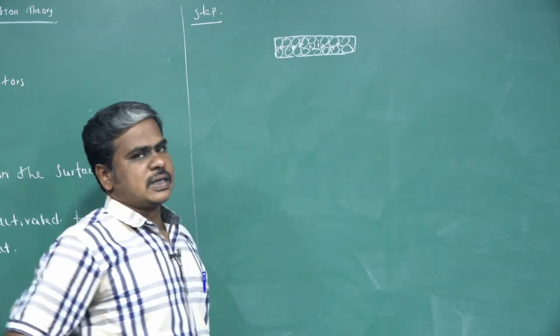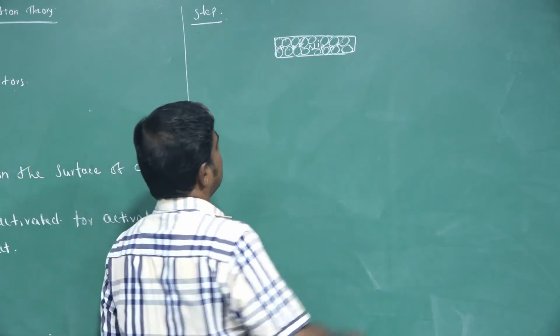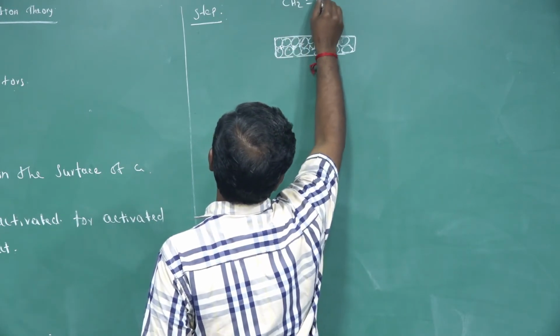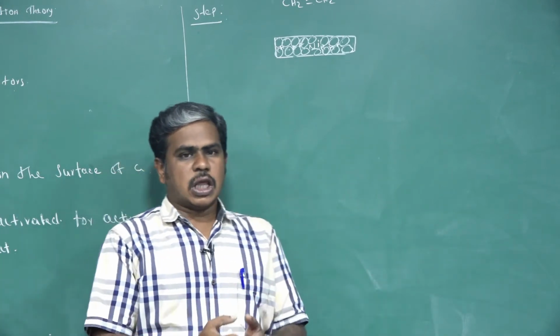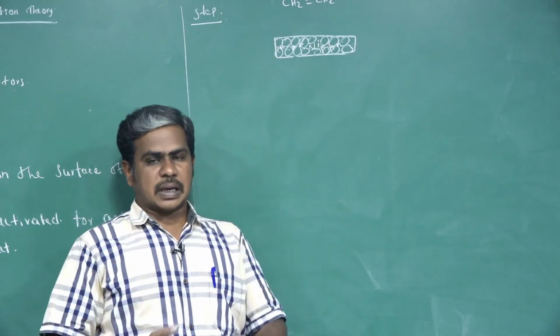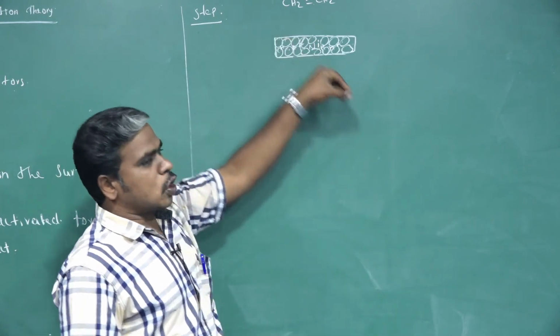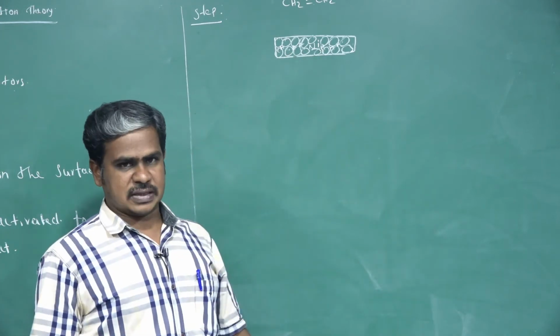So nickel contains hydrogen. The reactant molecule we have taken is the ethylene molecule, CH2=CH2. The reactant molecule diffuses from the bulk and comes closer to the catalyst surface.